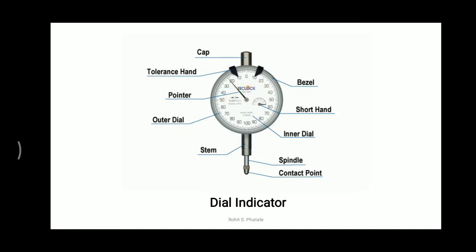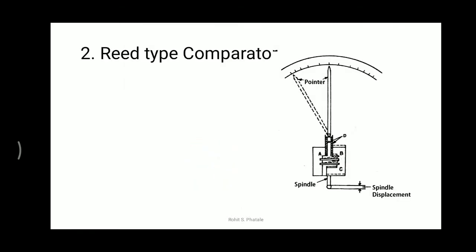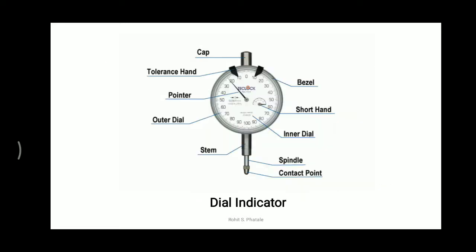In this photograph you can see the spindle is a moving part, the stem is a fixed part, the outer dial is fixed, and the pointer is a moving part.